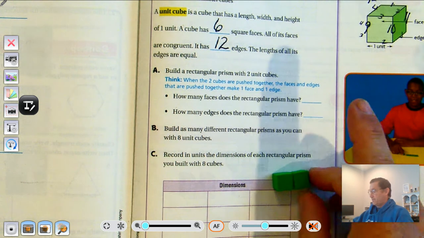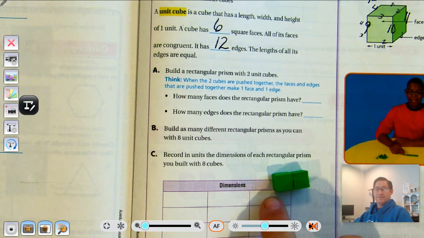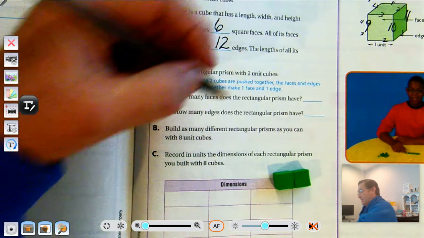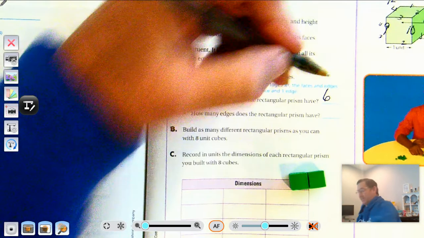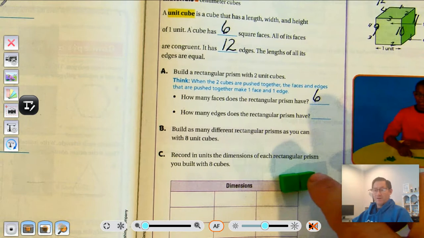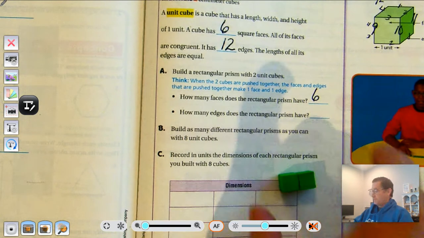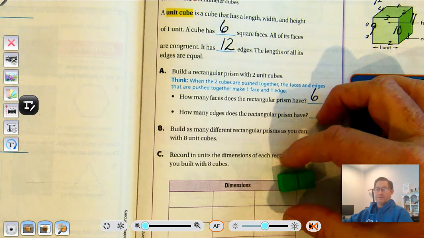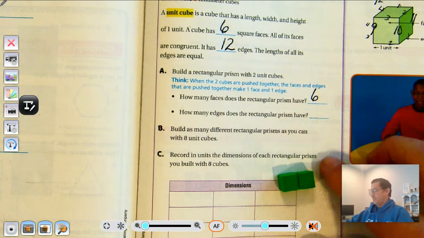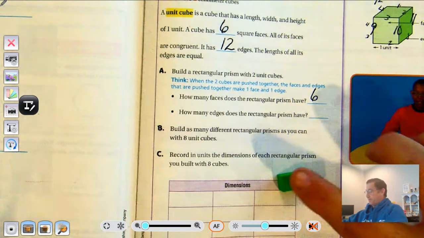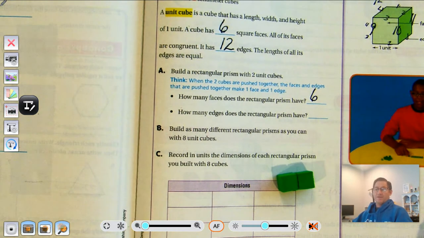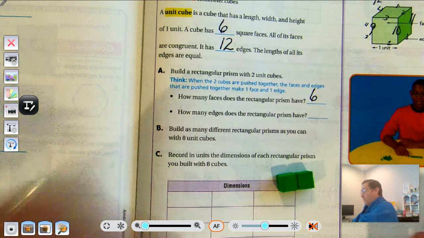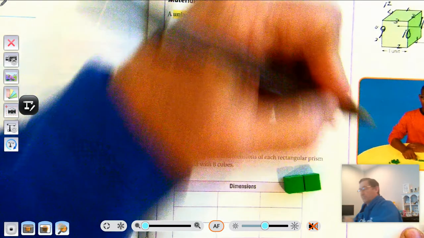Okay, so we're thinking of this as just one length, right? So it's still going to have 6 faces. We have the one on the top, the bottom, the 2 on the sides, and the 2 on those sides. This side, here, here, and top and bottom. How many edges is it going to have? Well, 12.